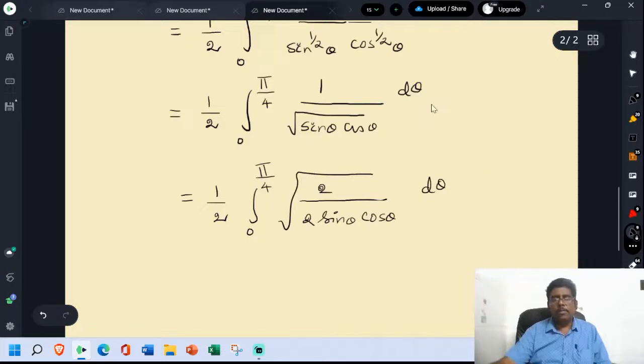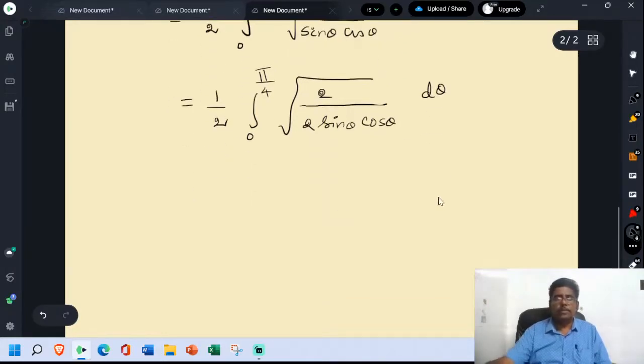I have multiplied the above equation by root 2. The numerator is multiplied by root 2, then the denominator is also multiplied by root 2. Sin theta cos theta into 2, then numerator root 2.